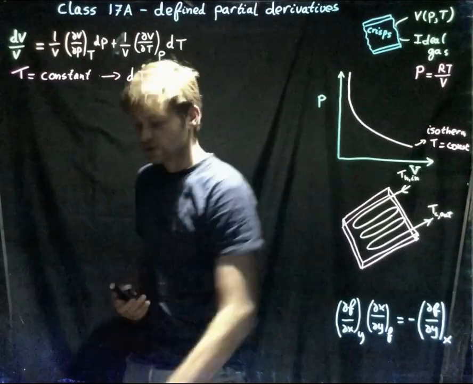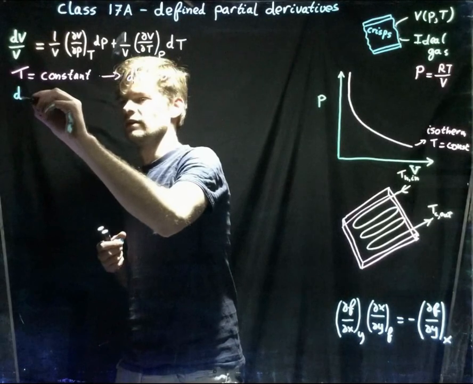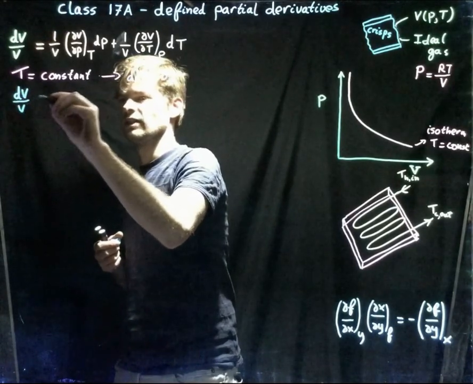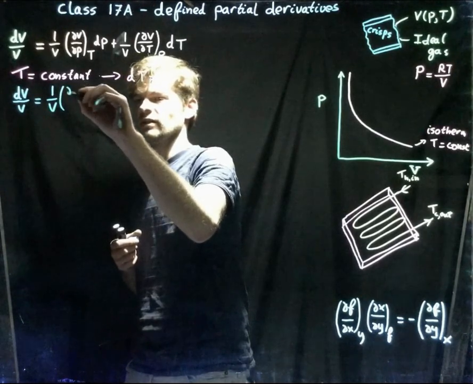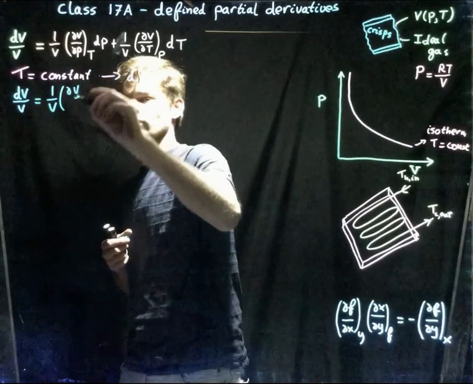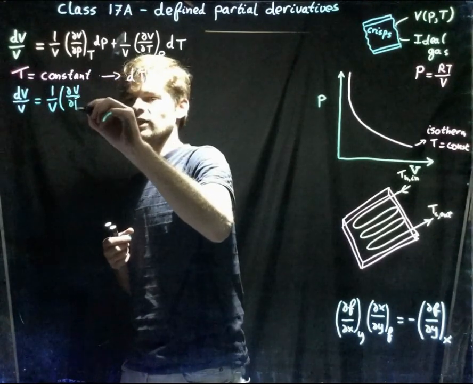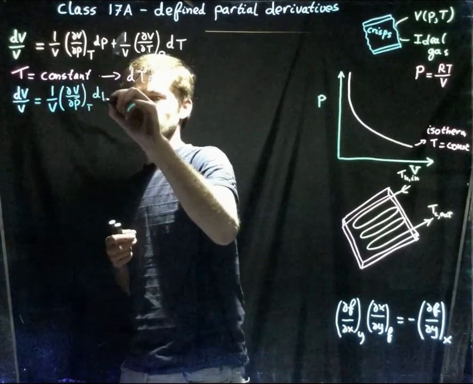Solving this will lead me to dV over V is 1 over V, the partial derivative of volume with respect to pressure for a fixed temperature, dP.